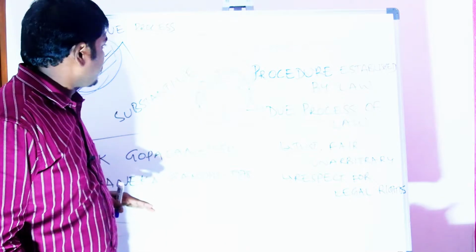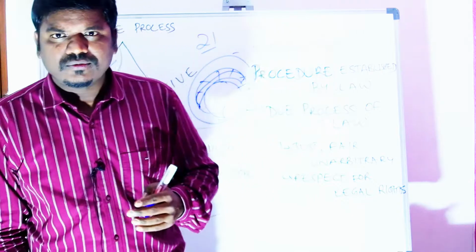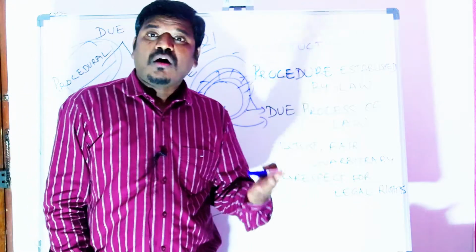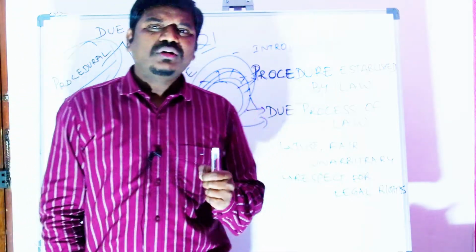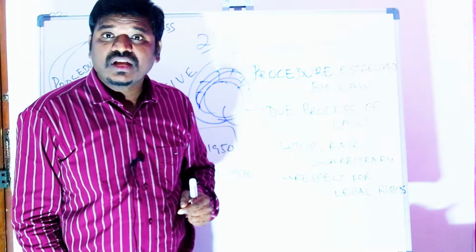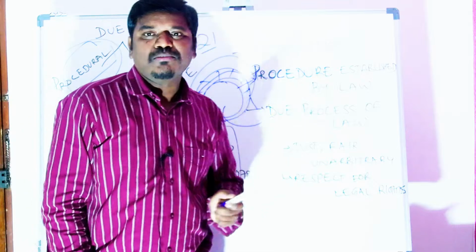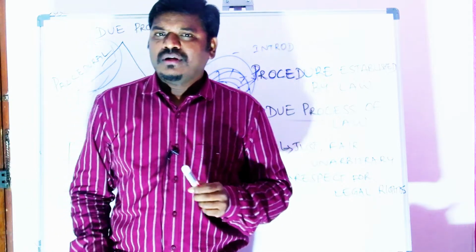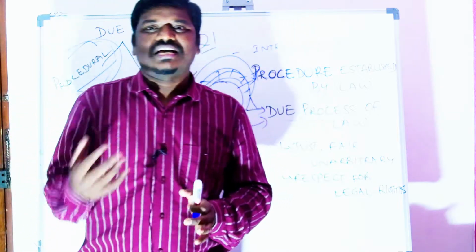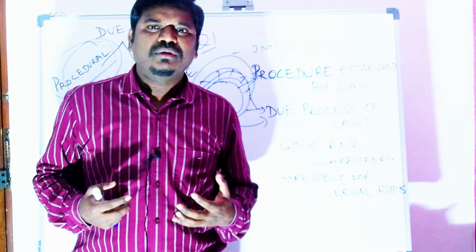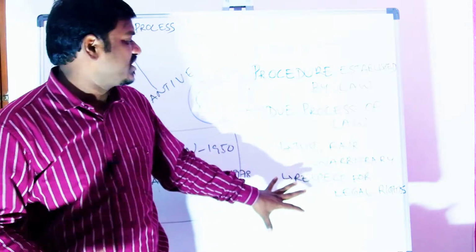And then, when we go back to our Constituent Assembly discussions and debates, and look at the reason why our constitutional framers preferred procedure established by law, it is said in history that there were a lot of discussions. There were so many people in the Constituent Assembly and stalwarts in the drafting committee.